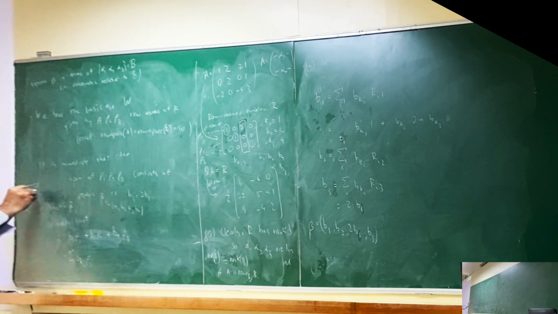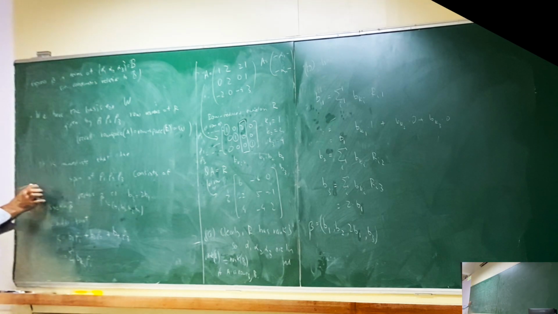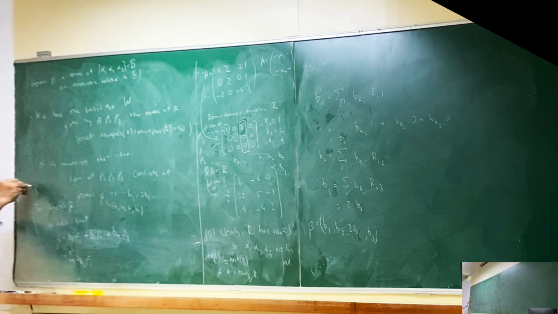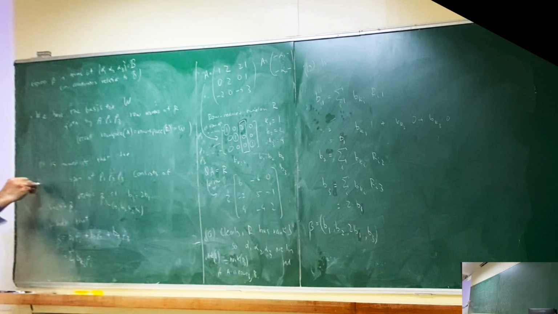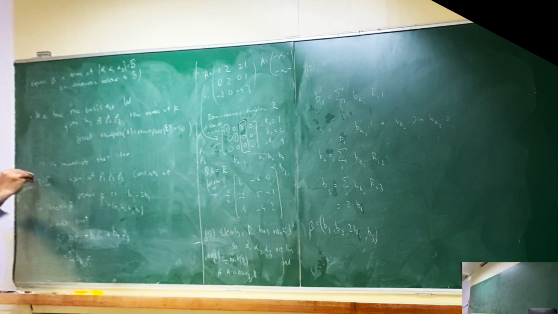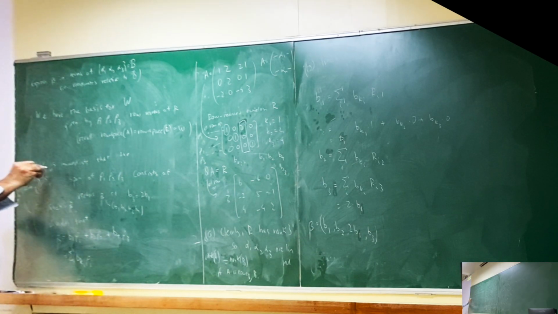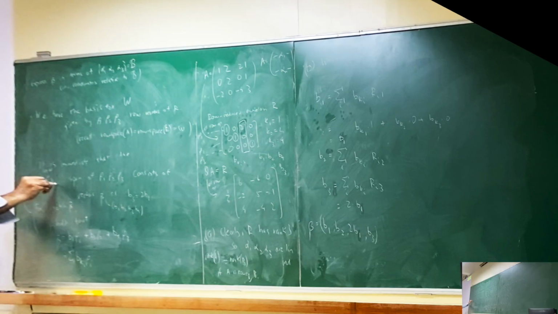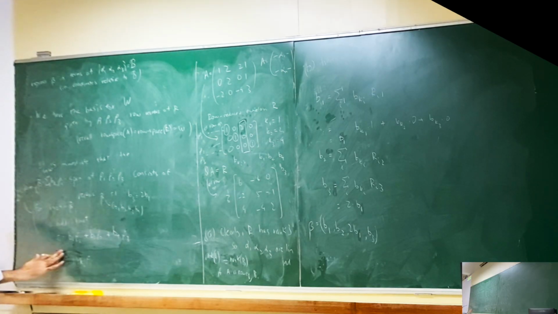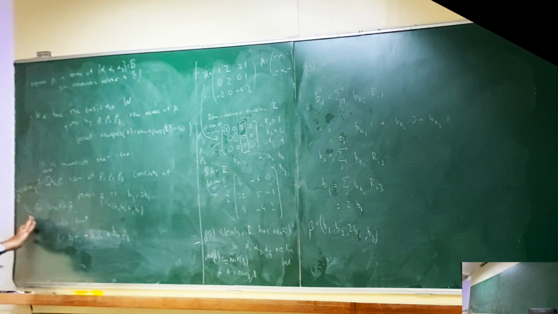So let's say beta in W, we can write it as, and now we're just using this thing.